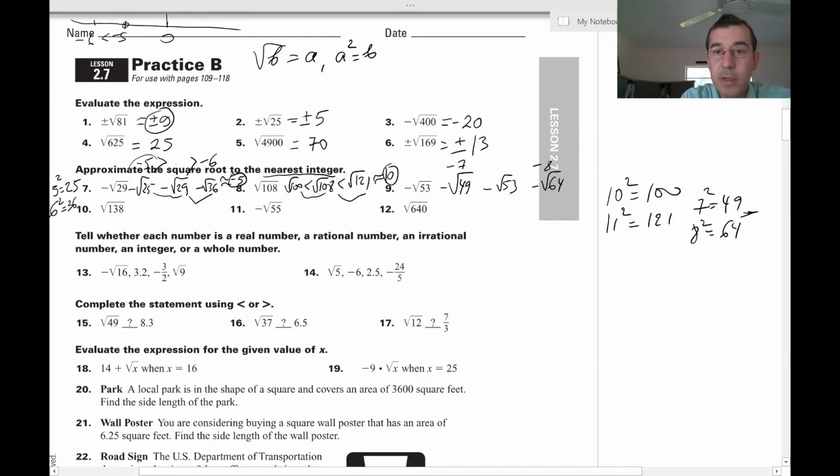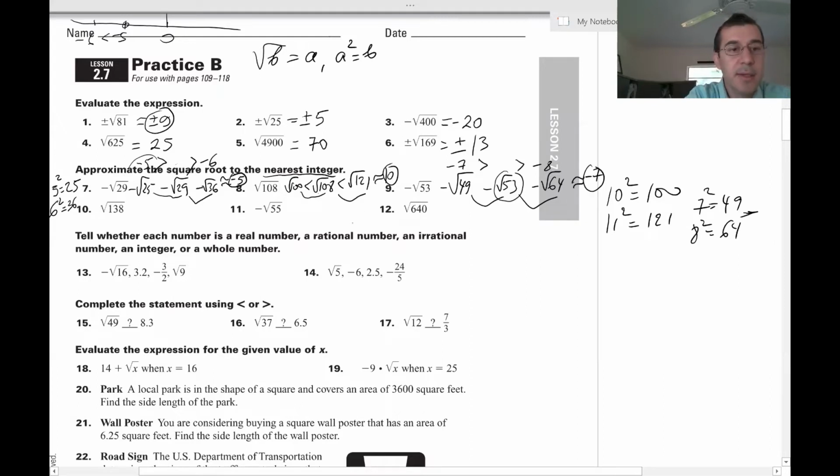Minus 7 is greater than minus 8, so the signs will be like this. And then is this number close to minus 7 or minus 8? Well, this is a 4 unit difference, this is an 11 unit difference, so it's closer to minus 7. So we just say it's approximately minus 7.